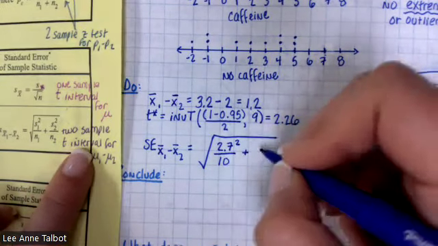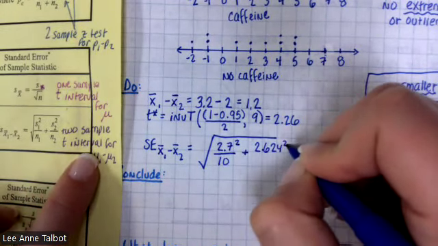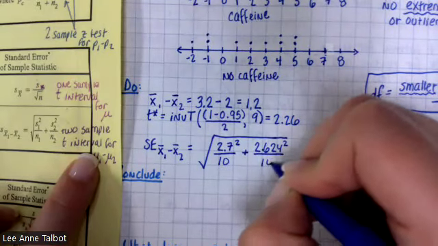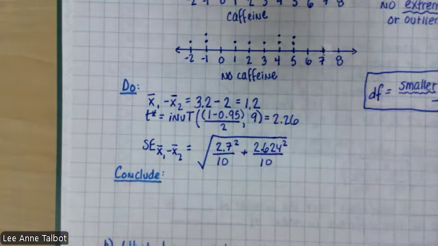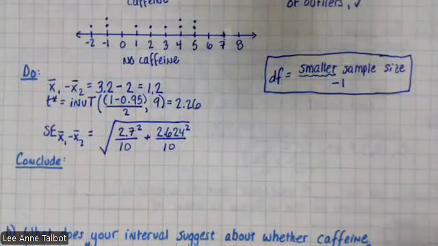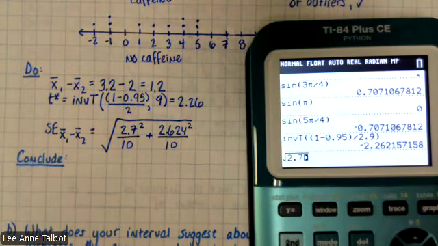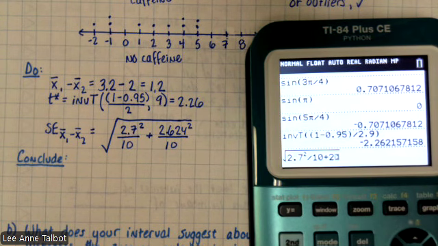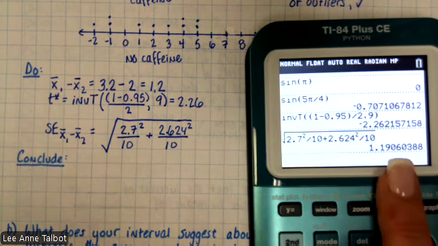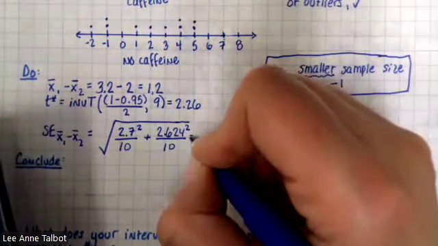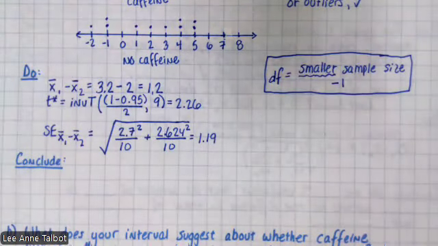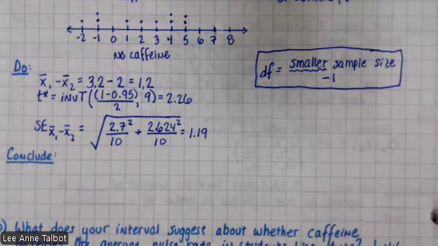And the other one is 2.624 over 10 also. 1.19.